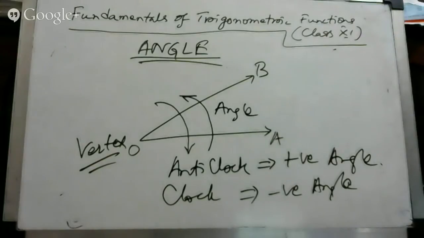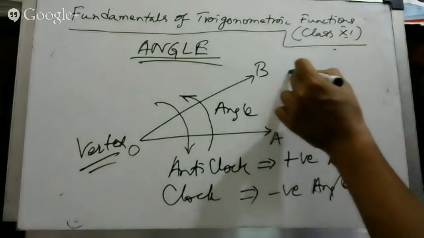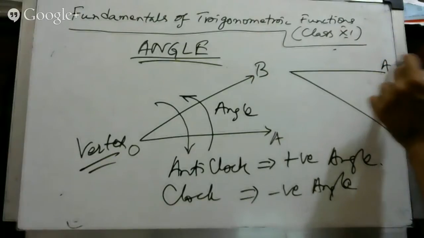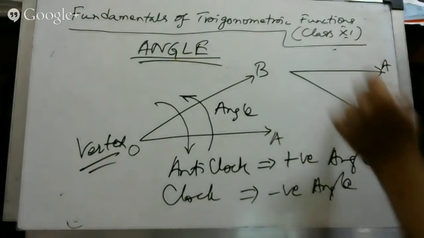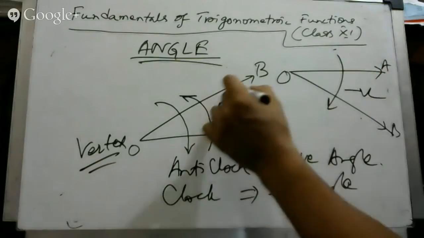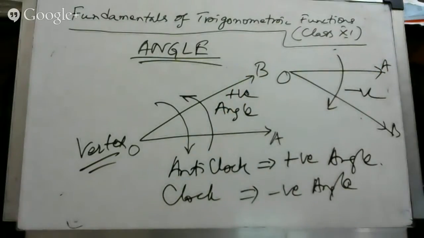So it can be like this, or it can be like this. This is clockwise, so this is a negative angle, and this is a positive angle.